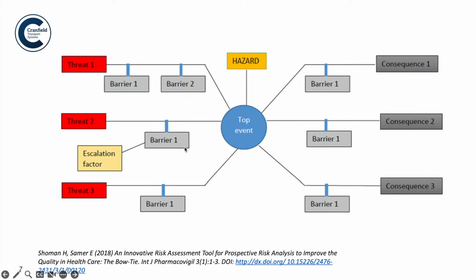But if I was talking about a threat of excess speed as we go into that bend, well, one thing we could do is put up signage to warn drivers of the bend that's coming along. We could have an appropriate speed limit. We could have one of those signs that flashes to warn people if they're driving too fast, and so on.